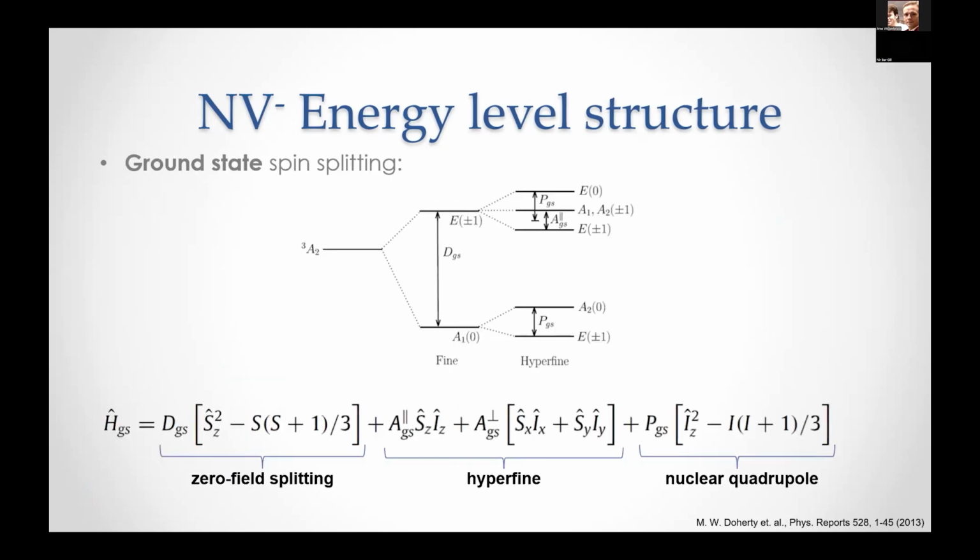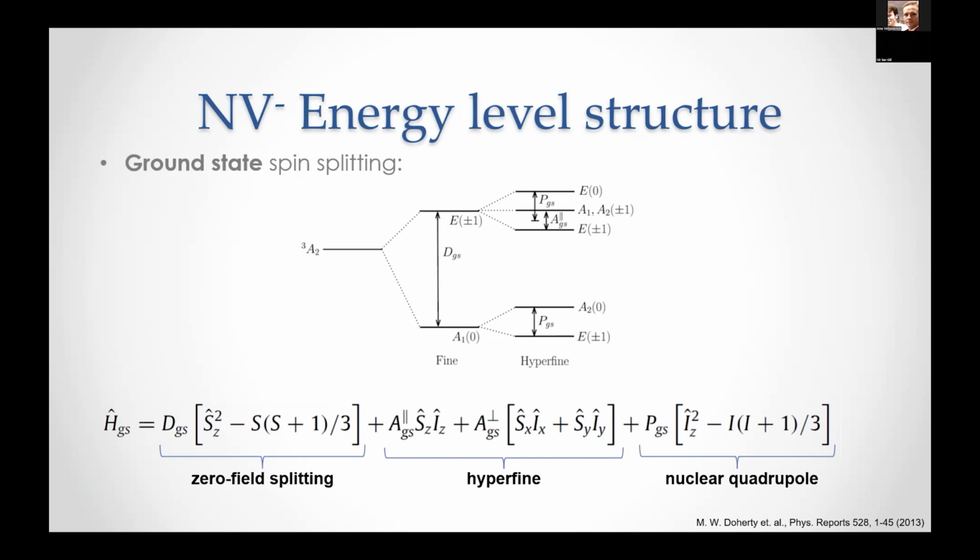If we look first at the ground state, which is this spin triplet, this is the Hamiltonian of the ground state manifold of the NV minus. I'll be focusing mostly on the NV minus, which is what we're mostly using. So the spin triplet ground state of the NV minus has a zero field splitting, this spin splitting, usually called D, on the scale of 2.87 gigahertz, which splits the ms equals 0 spin state from the plus minus 1 states.